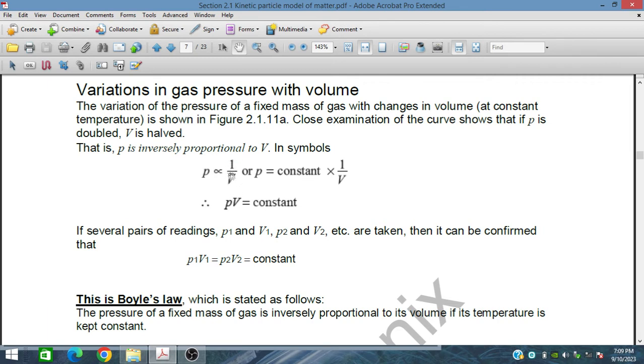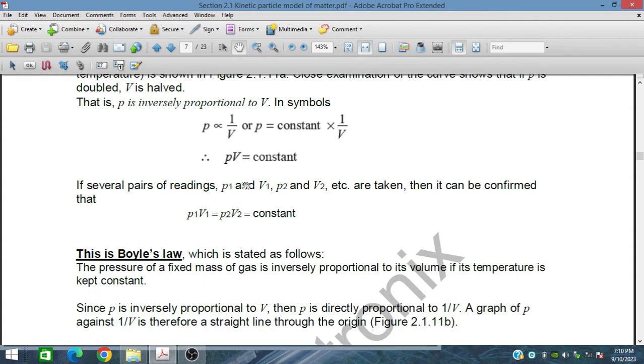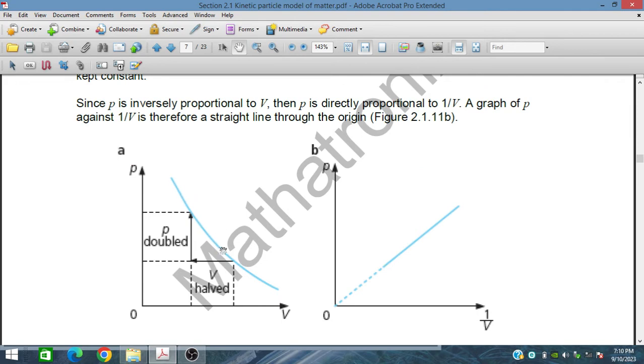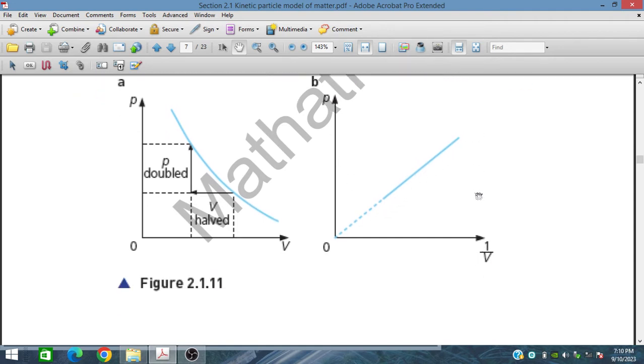The inverse of volume is directly proportional to P, but V is inversely proportional to P. So this first is the inverse graph where we are plotting pressure against volume, while on the second graph we have the inverse of volume against pressure. So we have this constant straight line. This is very important, the difference between these two graphs.